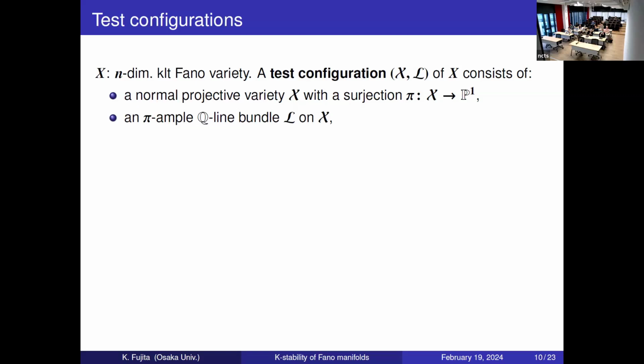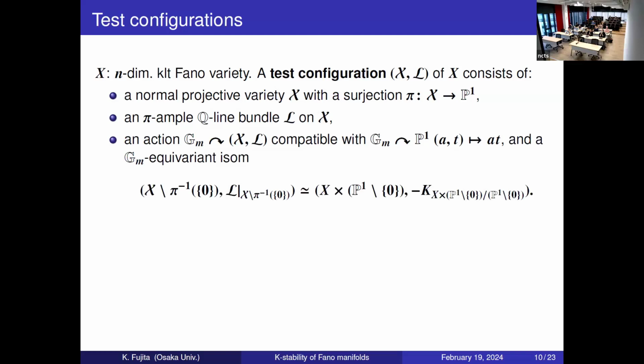The test configuration consists of the information of degeneration, so it's a family. Curly X is a normal projective variety with a surjection onto P1, so a family over P1, and curly L is a relative polarization, an ample Q-line bundle, together with a G_m (C star, the multiplicative group) equivariant action compatible with the multiplicative action on P1, where t is the non-homogeneous coordinate of P1.